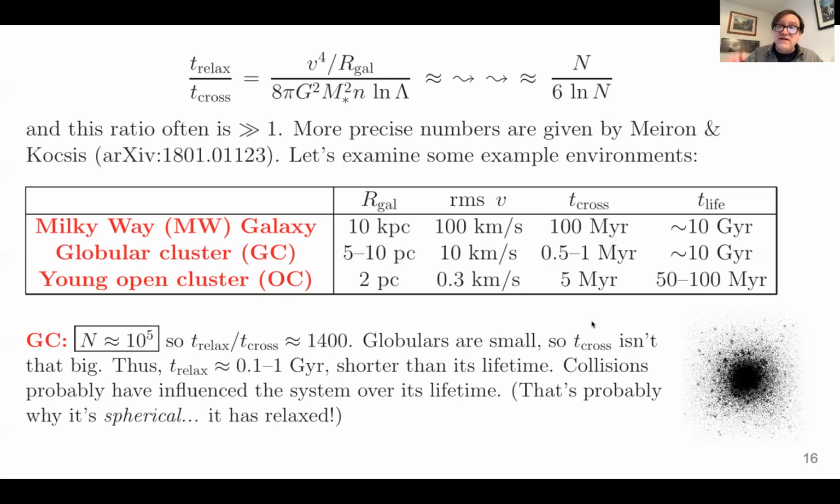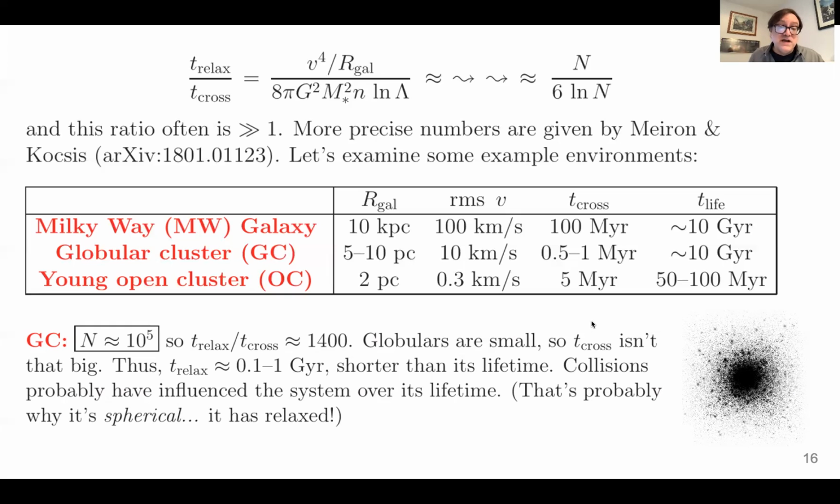Collisions probably have influenced the evolution, at least of the central regions, of globular clusters. We see examples of that when we look at the stars in globular clusters. There seem to be some interesting things called blue stragglers that might be the products of actual true collisions between stars.